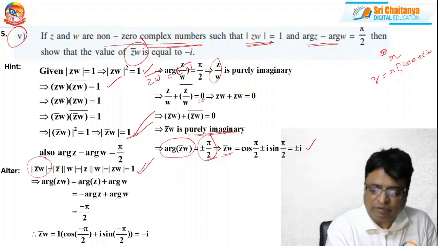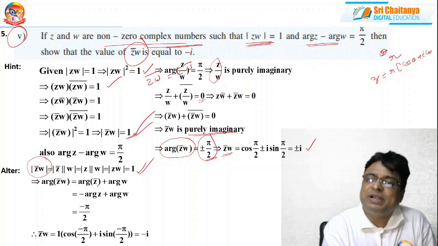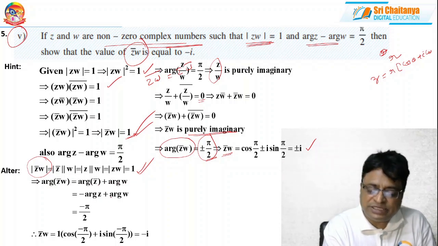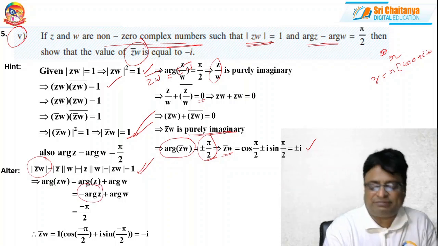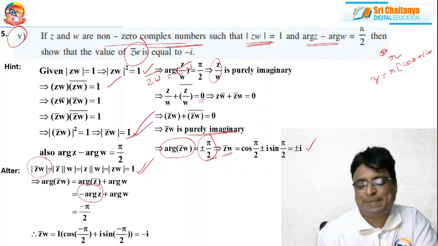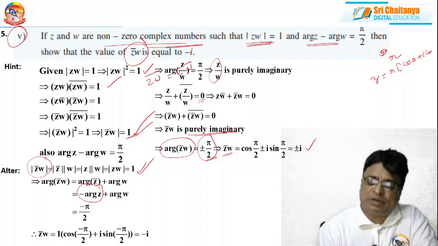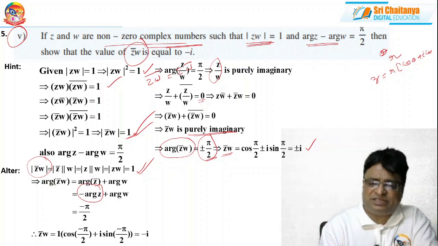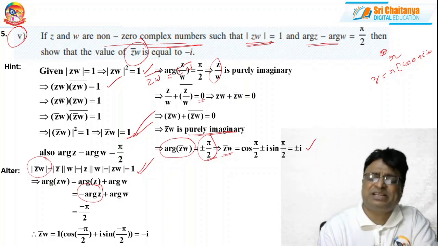Clear. Now I want the argument. Argument of Z bar W means argument Z bar plus argument of W. But we know that argument Z bar is equal to minus argument Z. This is the step I have written to prove my answer as minus i, because here Z is given as a non-zero complex number, so several cases will exist: both x and y positive, or x negative and y positive, x positive and y negative, several cases.